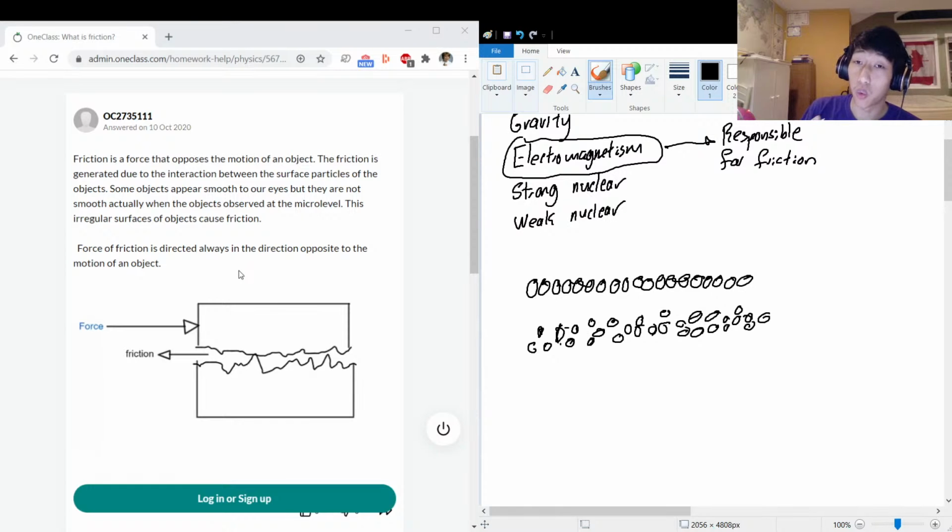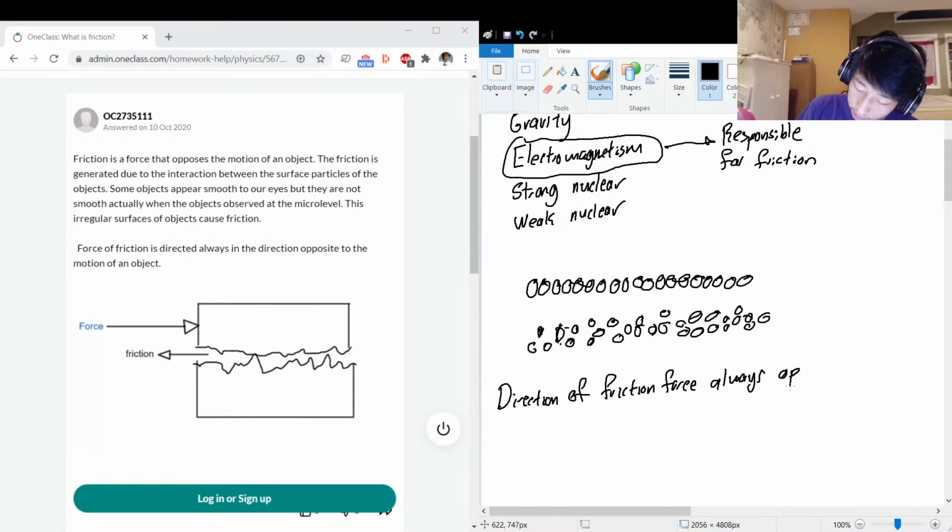There's always only one force of friction, and the direction of the force of friction is always opposite to the direction of motion.